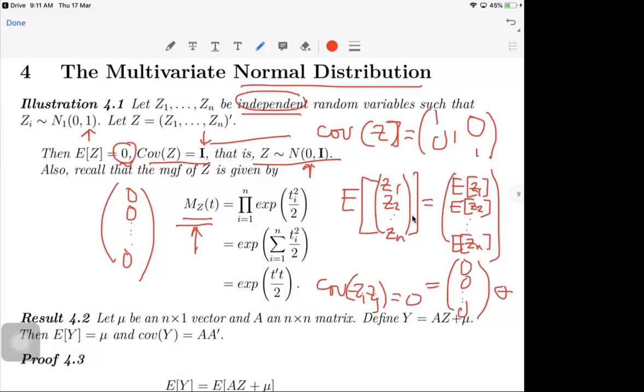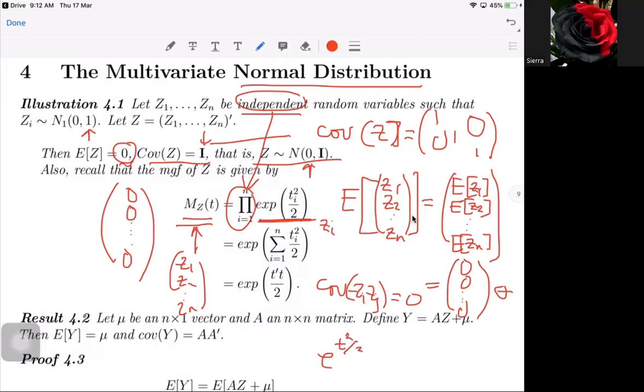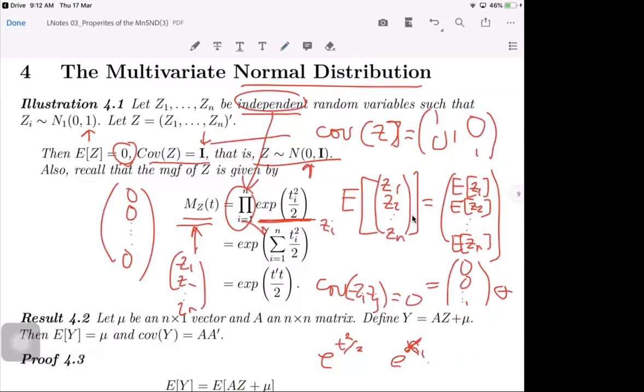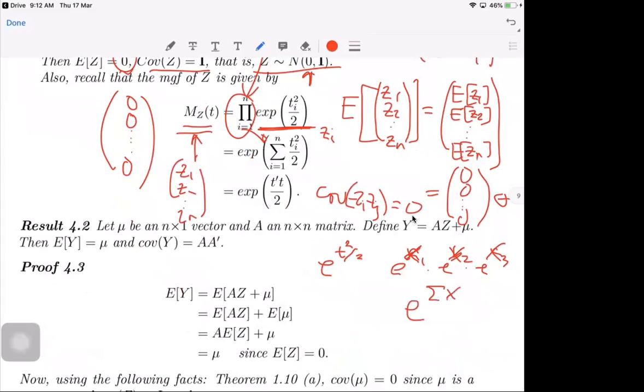For each of z1, z2 to zn, the moment generating function of the vector is the product, because of independence. Each zi is standard normal, so each factor is the moment generating function for a standard normal, and then the product becomes a summation in the exponent, because e to the a times e to the b times e to the c, say for x1, x2, x3, will be equal to e to the summation of xi, i from 1 to 3, for example, in this particular scenario.